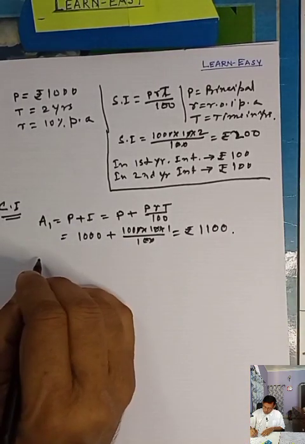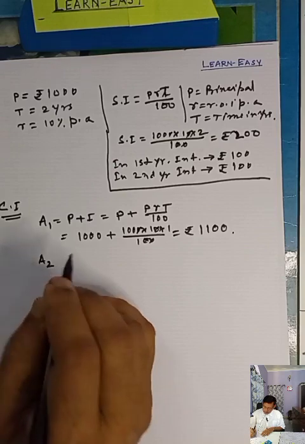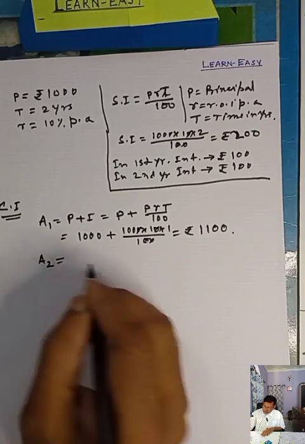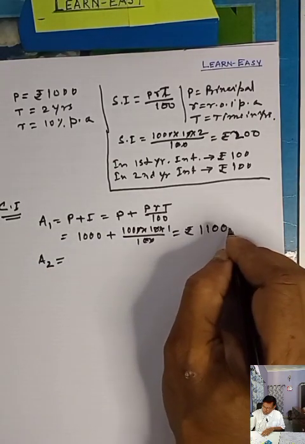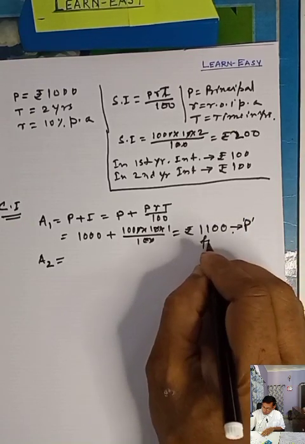And at the end of the second year, again this rupees 1100 will be the principal for the second year.